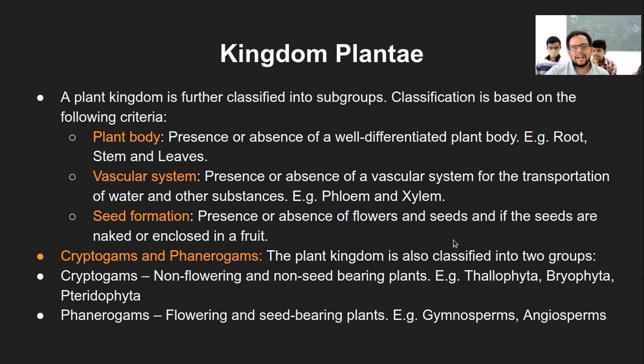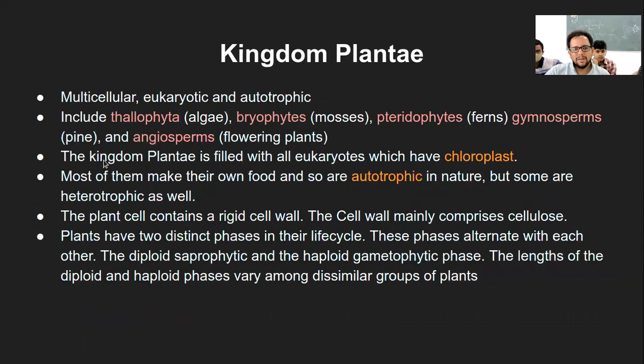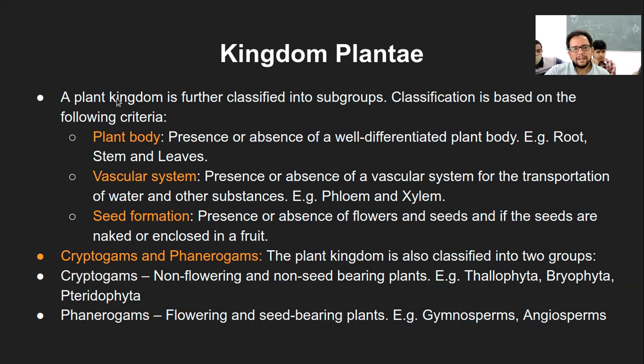So that is the categorization based on these different characteristics. The 5 types we had seen here, Thallophyta, Bryophytes, Pteridophytes, Gymnosperm, and Angiosperm, are dependent on these points, whether it has a complete plant body structure, whether it has a vascular system, or whether it has seed formation ability or not. And that is when they are classified further.